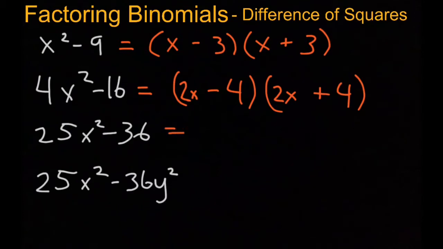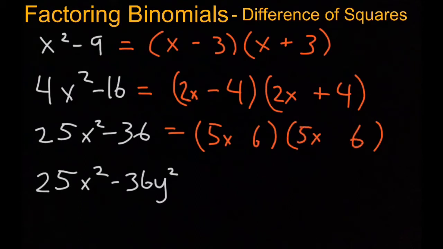The next one, 25x squared minus 36. The square root of 25x squared is 5x, and the square root of 36 is 6. Just like this. The next one, similar to the third question, 25x squared minus 36y squared.